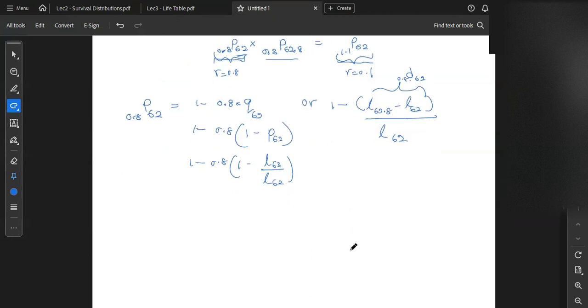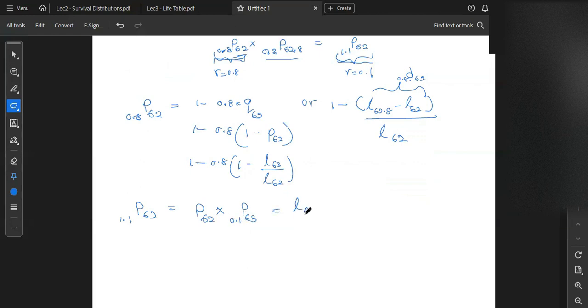So these are the two equations we can use. And for this, it's 62 to 63 and 63 to 0.1 more years.